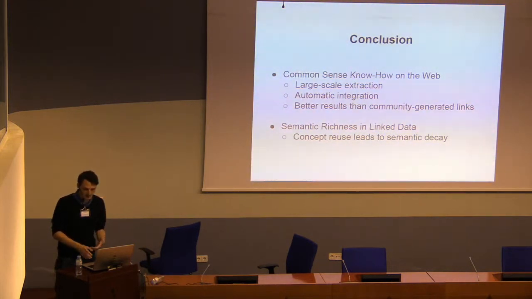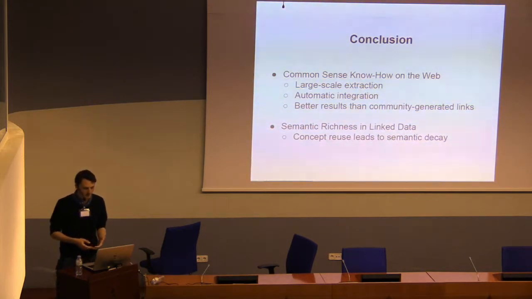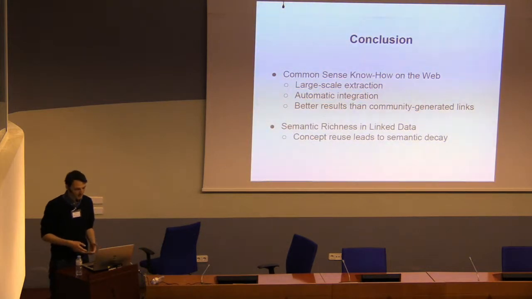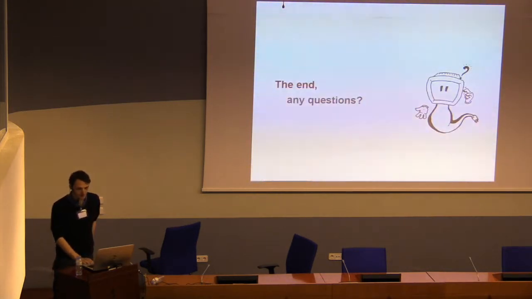But this knowledge is very important for many applications, and it can also be extracted in a similar way. And finally, I concluded with this issue about linked data, which I think is an important challenge, and some of my investigations about it.